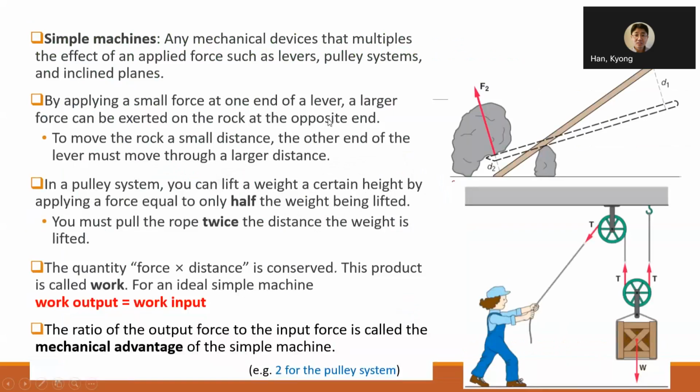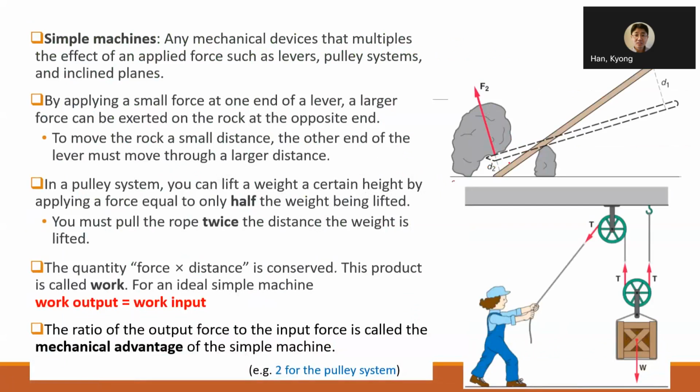A simple machine is any mechanical device that multiplies the effect of an applied force, such as levers, pulley systems, and inclined planes. If here is a pretty big rock, you cannot lift it with your ordinary force.